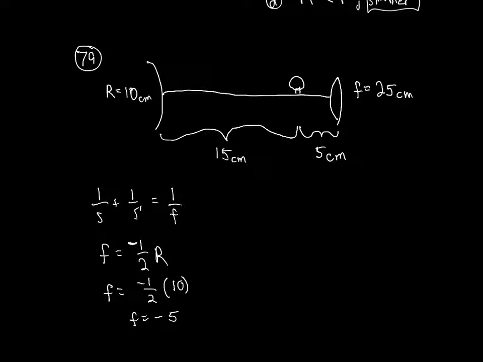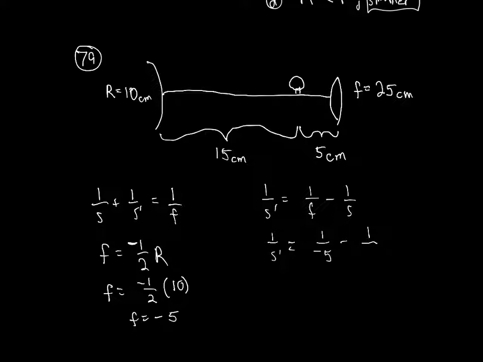So now I can find S prime. I need 1 over S prime equals 1 over F minus 1 over S. 1 over S prime for the mirror is 1 over negative 5, so that was the focal length, minus 1 over S. What's S? How far is my light bulb from the mirror?